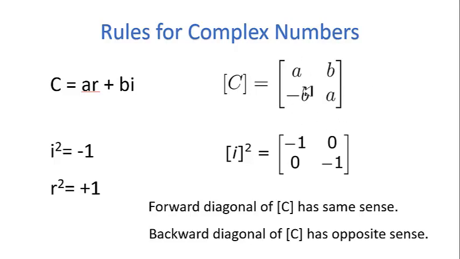The real component goes on the forward diagonal and the imaginary component goes on the backward diagonal, and that's what it means to add these two together. You're not adding them in the traditional sense, A plus B. What happens is they can coexist in the same matrix. A is the real component and goes on the forward diagonal. B is the imaginary component and goes on the backward diagonal.